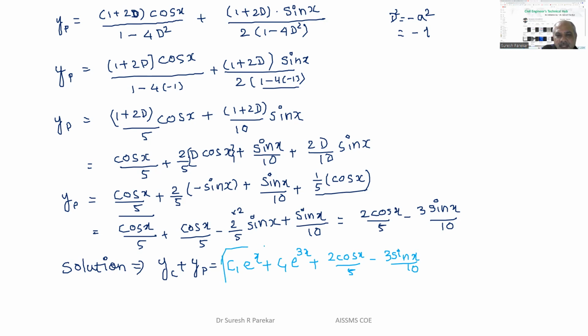So we have this. If there is any correction, just tell me, we can make it. So we have here 1 by 5 cos x, then we have 1 plus 2d, so we have 2 by 5 sin x. And likewise, we will get all these values, and from this we will get this answer. Just go through it.